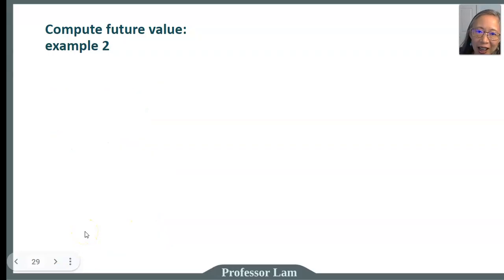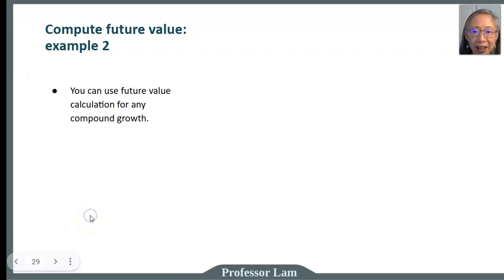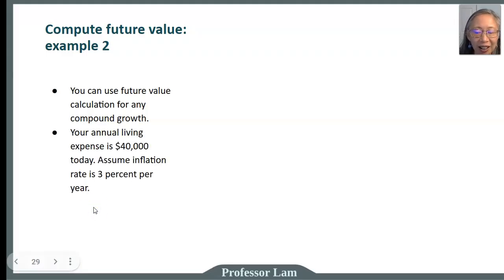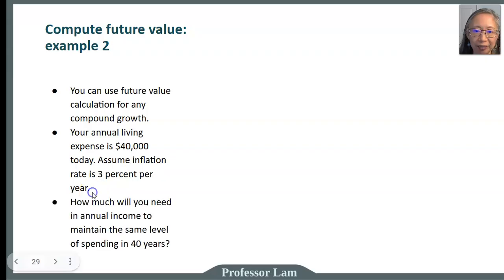Now let's take a look at another example. We had said earlier that we can use future value to evaluate other types of financial planning problems. In fact, you can use future value calculation for any compound growth problem. Let's say currently I spend $40,000 per year and inflation is going to be 3% per year.